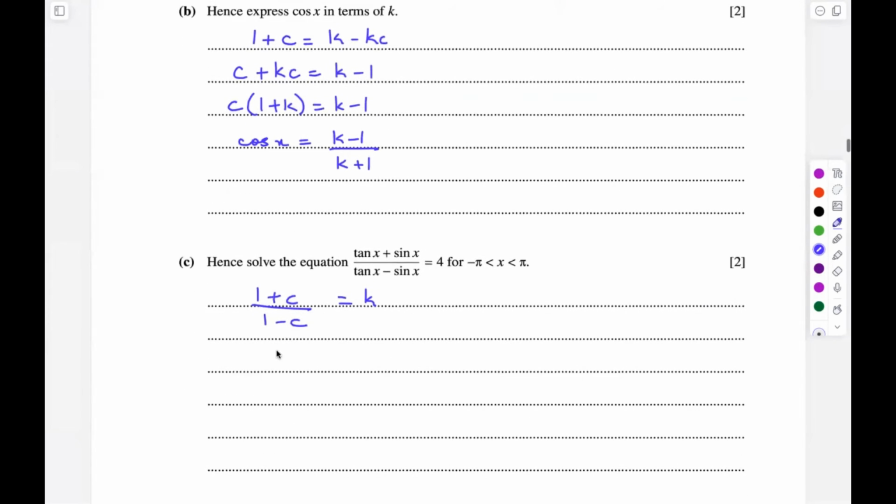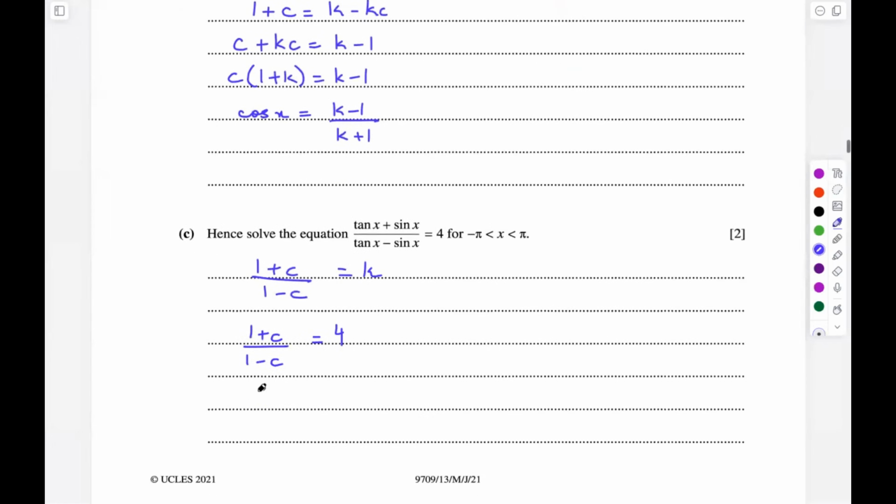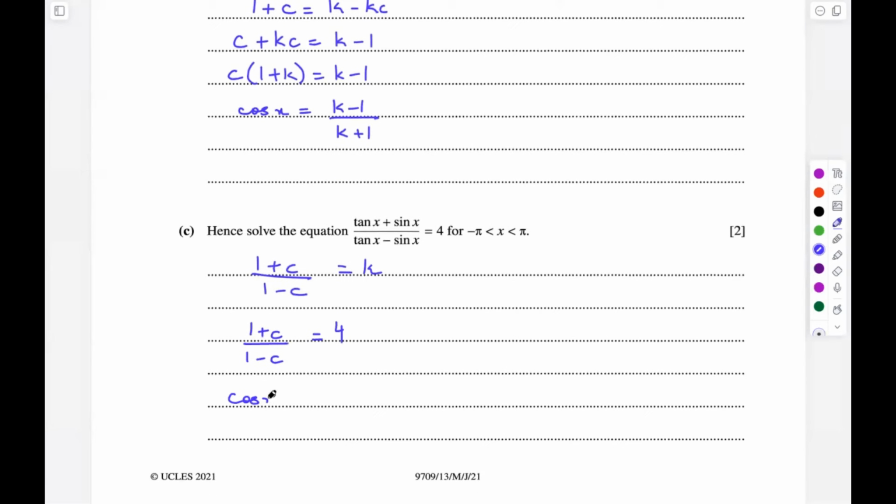So we can write (1 plus cos x) upon (1 minus cos x) equals 4, with k replaced by 4. And as we had already made cos x in terms of k, cos x was equal to (k minus 1) upon (k plus 1).